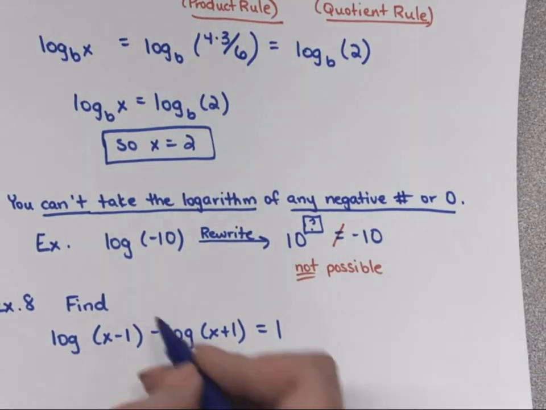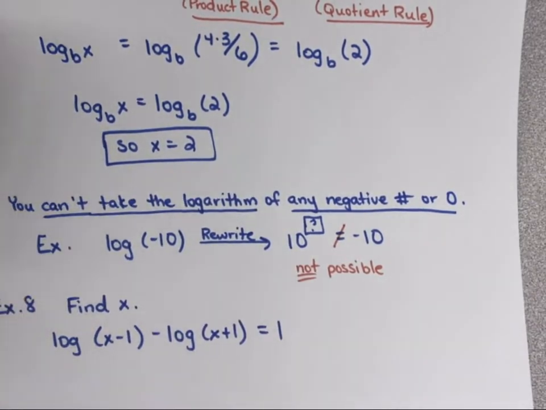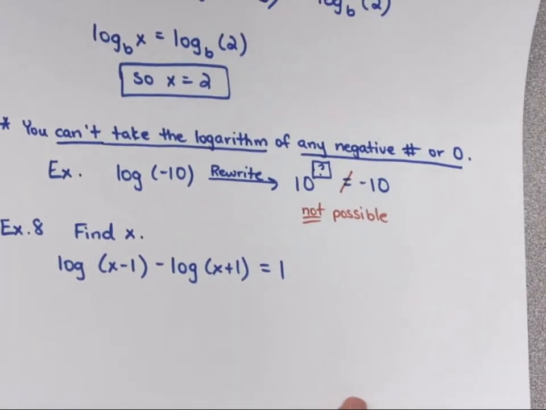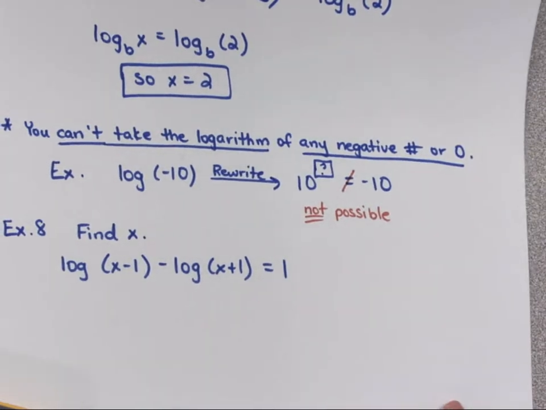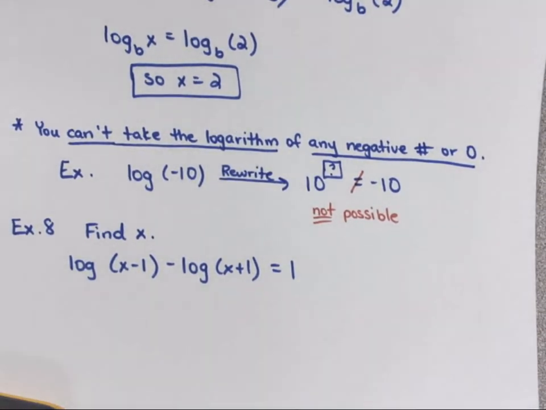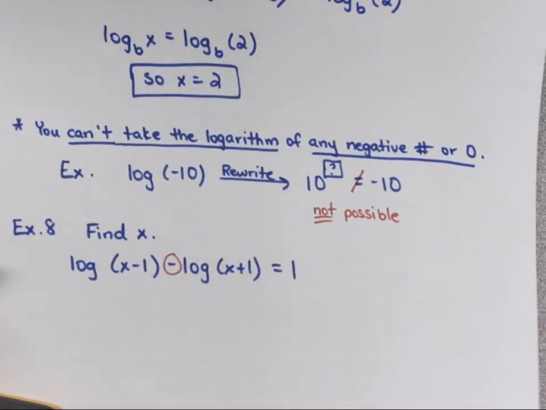So let's say that I asked you to find x in the following problem. Log of x minus 1 minus the log of x plus 1 equals 1. So just a couple of things. What's the understood base? 10. Okay. I'd like to do a rewrite step here, but I can't really do that because I've got 2 logs. But maybe I have a way to make this simpler.